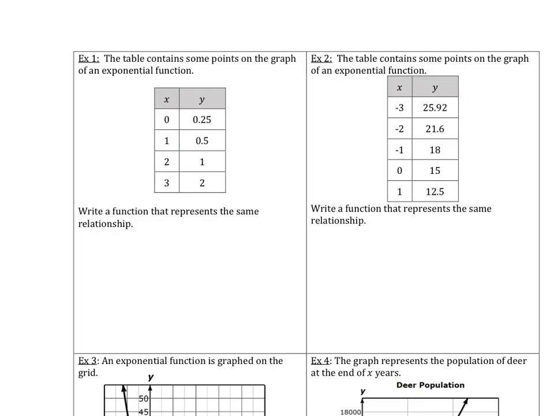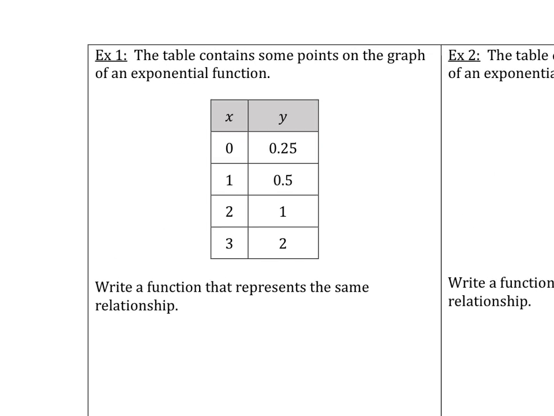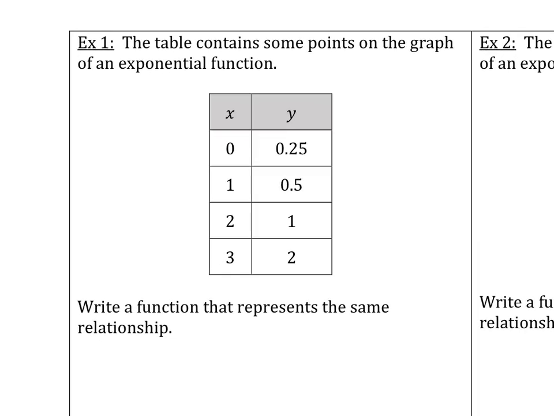Let's look at example number 1. It says the table contains some points on the graph of an exponential function. In order to write a function that represents the same relationship, we need to follow a few steps.